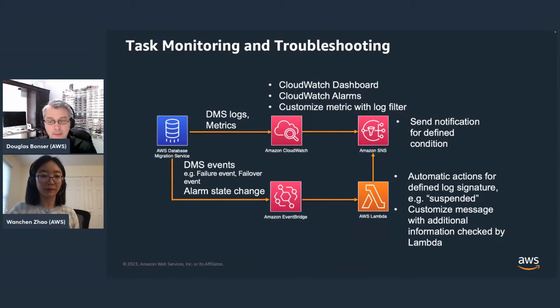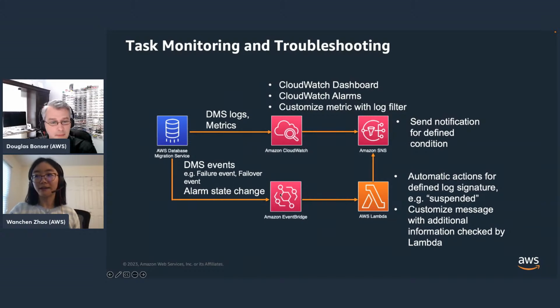Like we talked about the CDC latency and the resource utilization, you can create alarms based upon that. You can also have some certain signatures that you need to watch for, for example the suspended signature. You can use Lambda to retrieve more information about the task settings and the database configuration, then make a very customized notification and send it to your stakeholders.